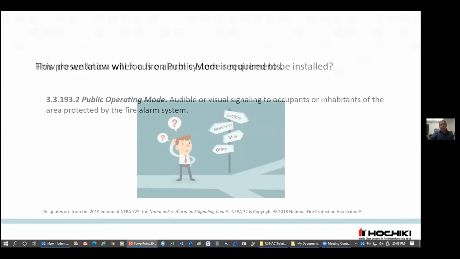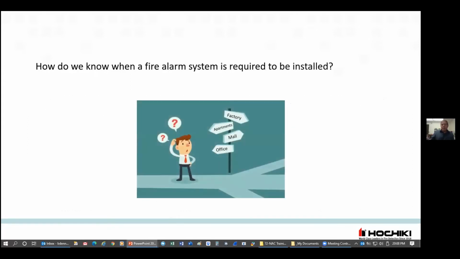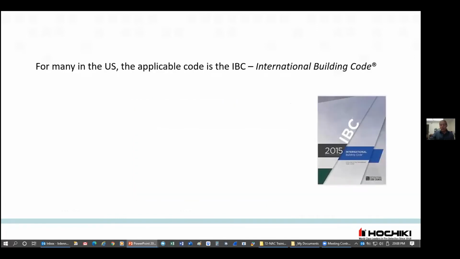Now, thinking about notification appliances, even more basic than that, really, how do we know when we need to have a fire alarm system in a building? Well, in the United States, it is usually a building code that will require that. In this case, maybe the IBC, the International Building Code.